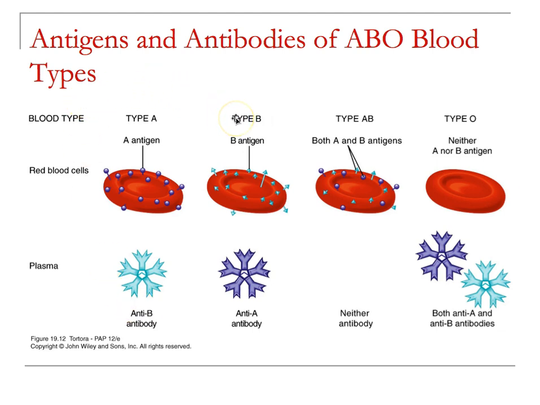If you're a type B person, you have B antigens, which means inside the plasma of your blood you have anti-A antibodies. If you're AB, you have neither antibody present. If you're type O, it means you have both antibodies present.